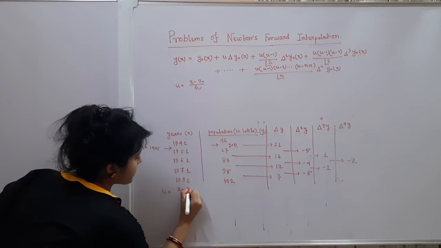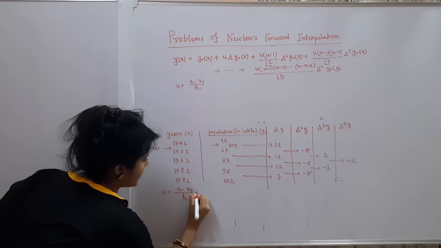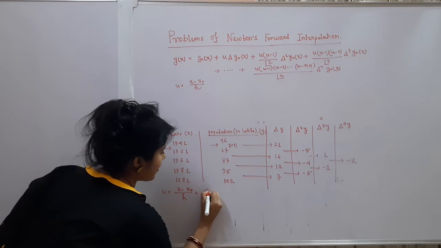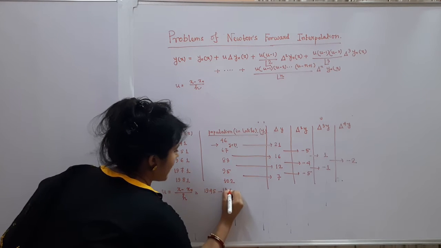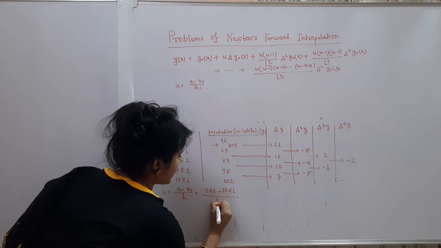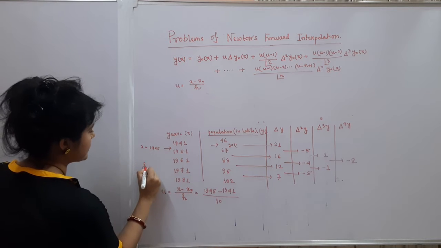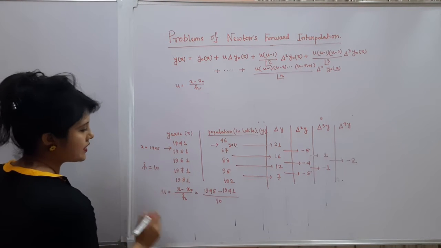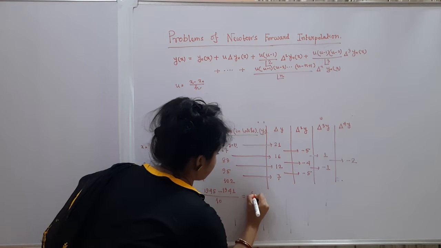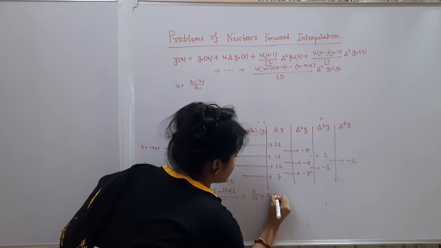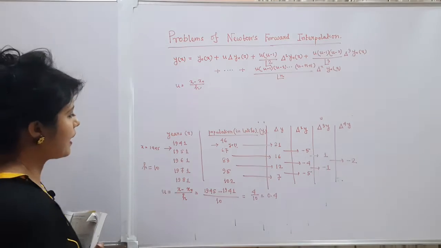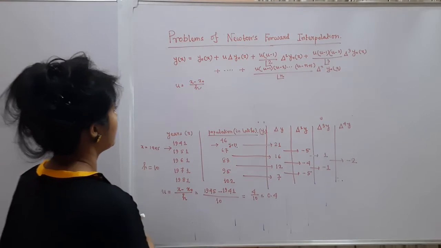U is x minus x0 by h. So here x is 1945 and x0 is 1941 and divided by 10, because here h is 10. They are all equidistant by 10. So therefore 4 by 10 and it is 0.4. Okay. So the value of u is already obtained.